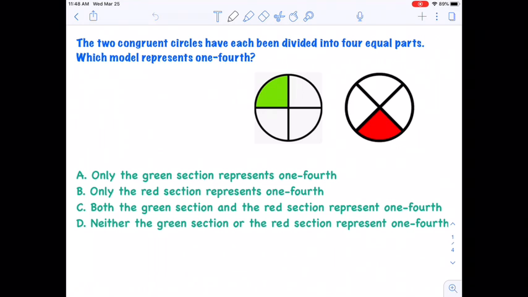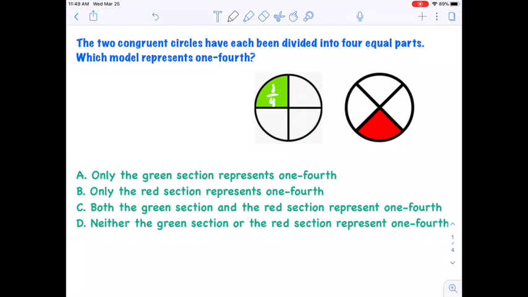So we think about our denominator. The denominator tells us how many equal parts. So our 4 parts means our denominator would be a 4. And then how many parts are shaded out of those 4 parts? Well, in this circle, 1 out of 4 parts is shaded. So this represents 1/4. That's important because that's what we're asked.